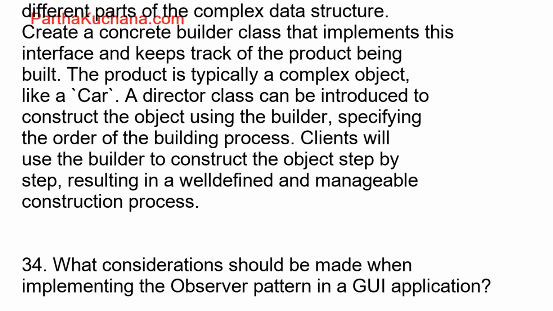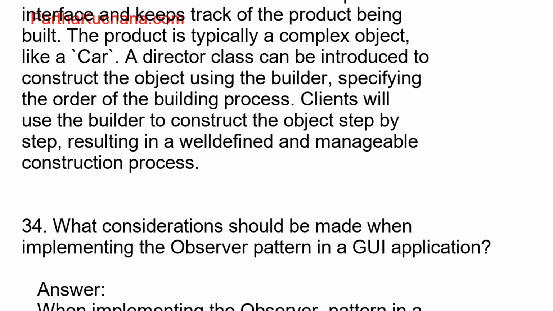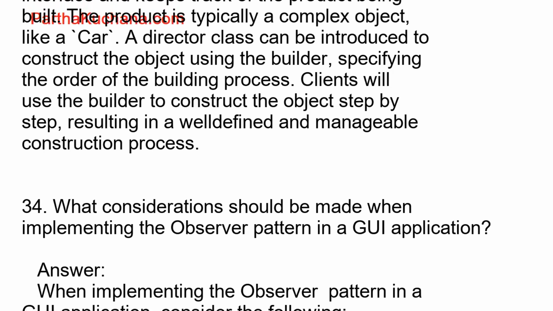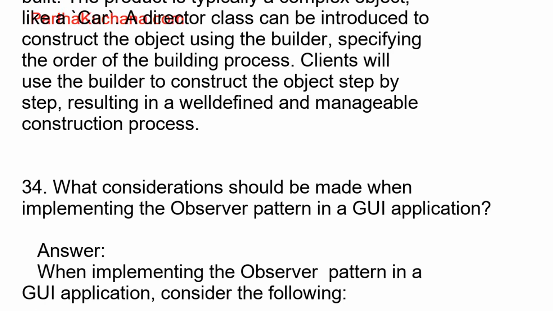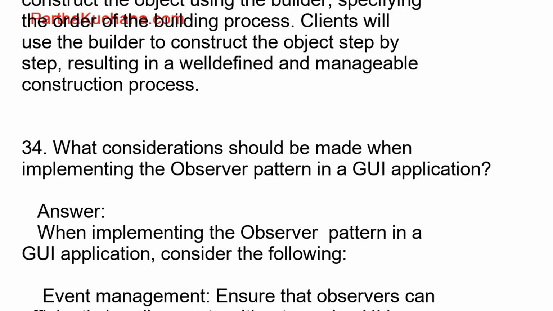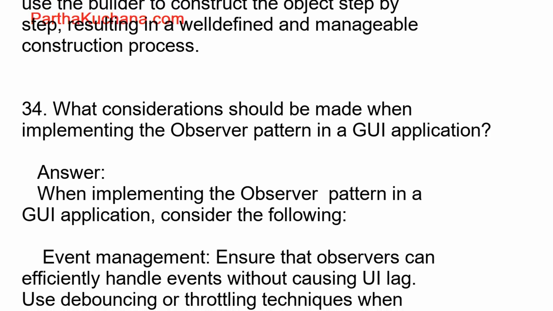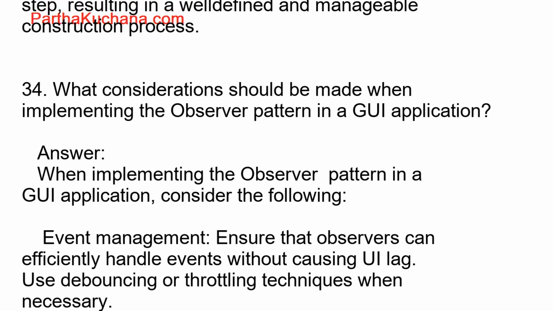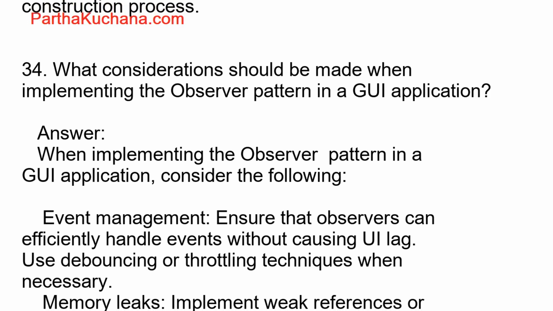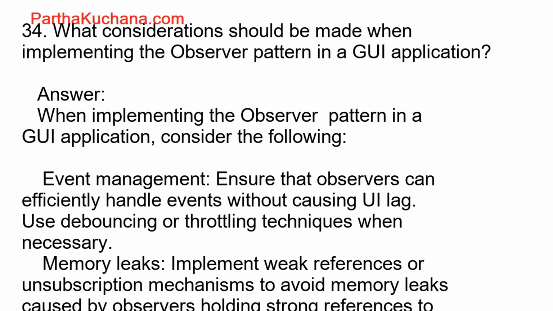Implement weak references or unsubscription mechanisms to avoid memory leaks caused by observers holding strong references to subjects. Thread safety. If observers are updated from multiple threads, ensure thread safety to prevent race conditions and inconsistencies in the UI. Notification efficiency. Optimize the notification mechanism to minimize performance overhead, especially when there are numerous observers.